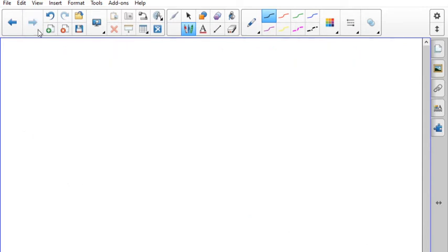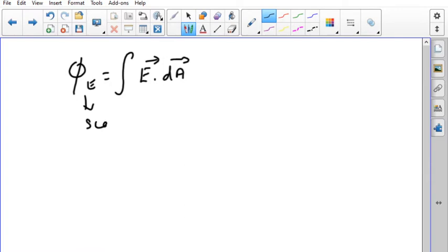So how will you write the equation? We can write it as phi e is equal to integral E dot dA. So it is a dot product of two vectors. Therefore, electric flux is a scalar. Or we can write it as integral E dA cos theta. E dot dA can be written as E dA cos theta.